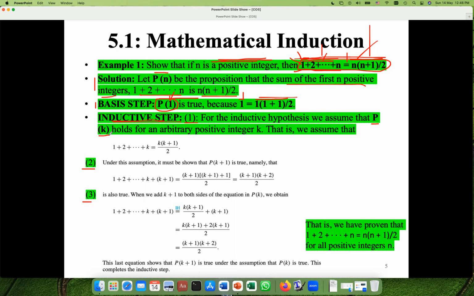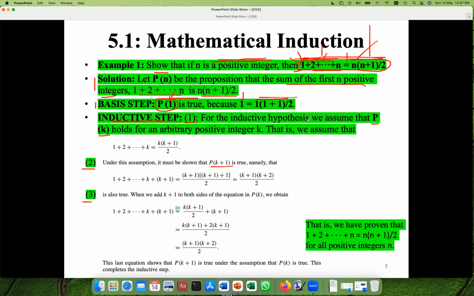And then on that assumption, you have to show P of k plus 1. And if that is true, then you can say that P of n is true for all positive integers. Now, these words are, by the way, not needed, but this is the first example, so that's why.